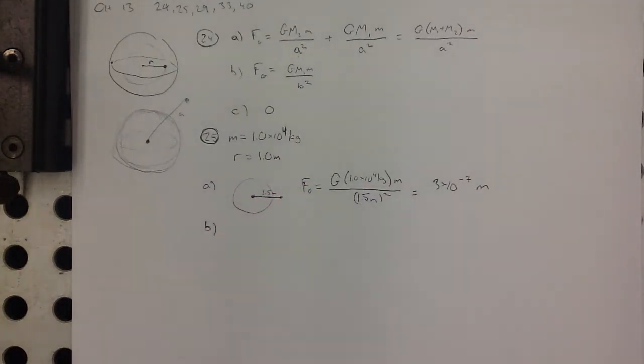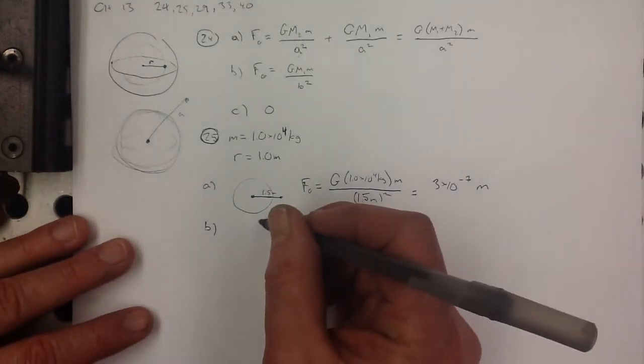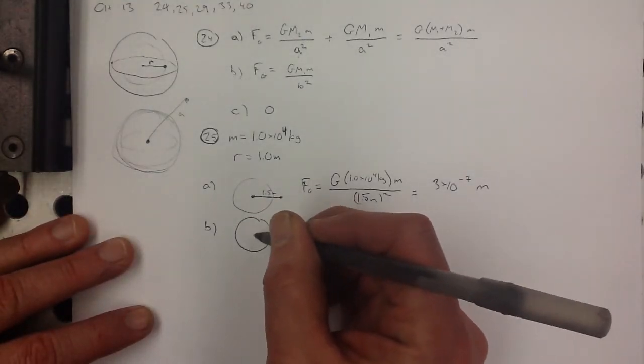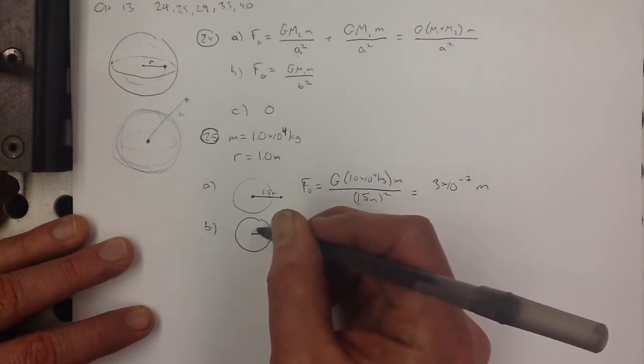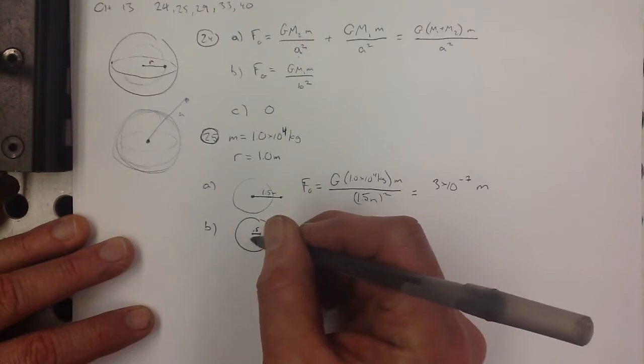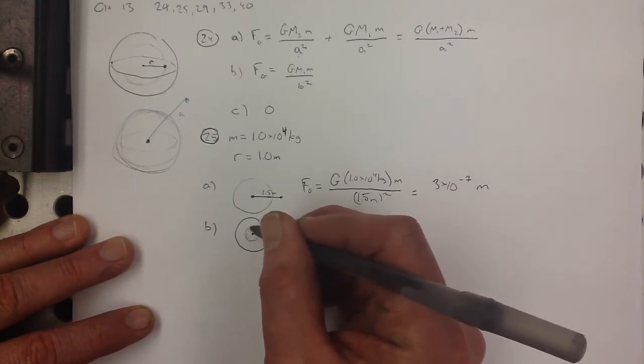Part B. Now we are inside of the sphere. If its radius is here, we're only here at a distance of 0.5, which means we only feel the gravitational force from this part of the sphere.